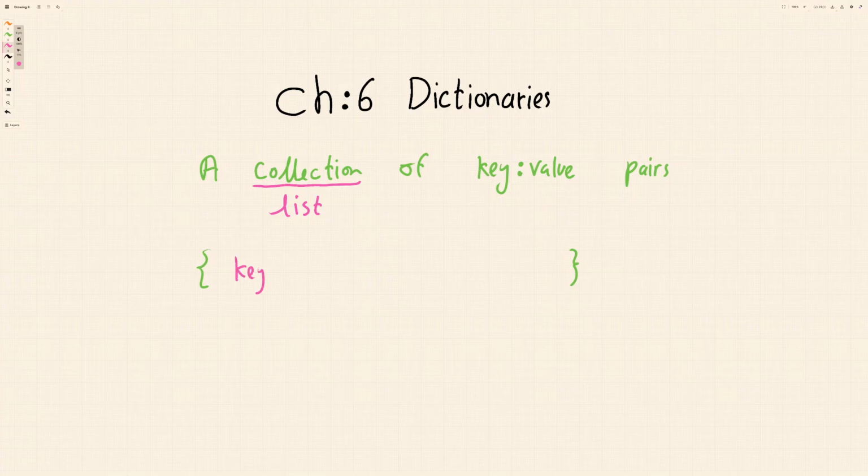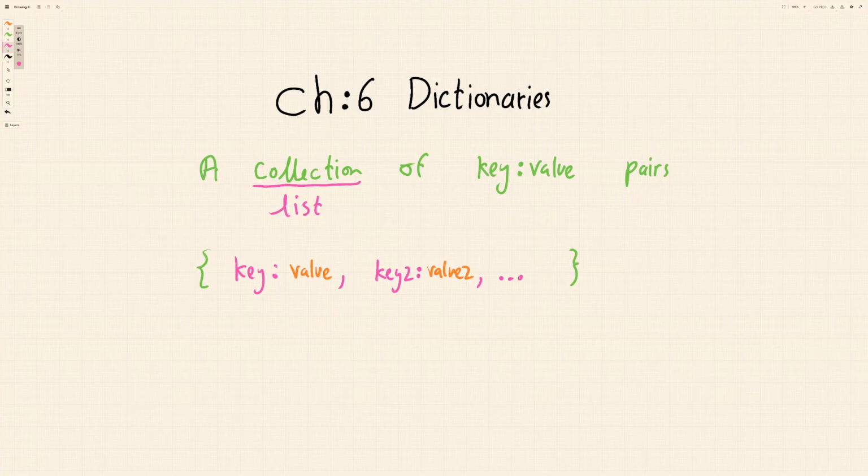So key colon and then a value, and then we will have a comma, then another key, let's say key 2 colon value 2, and so on. You can have as many key value pairs as you want.